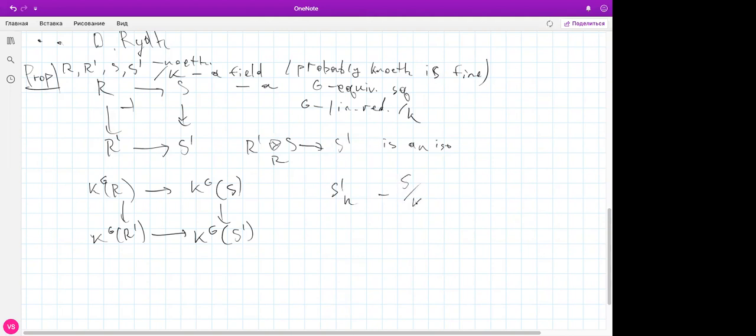And same for R prime n. Sorry, I'm a bit confused. Yeah, I think it's true. And then you want to claim that this map is a pro-equivalence.